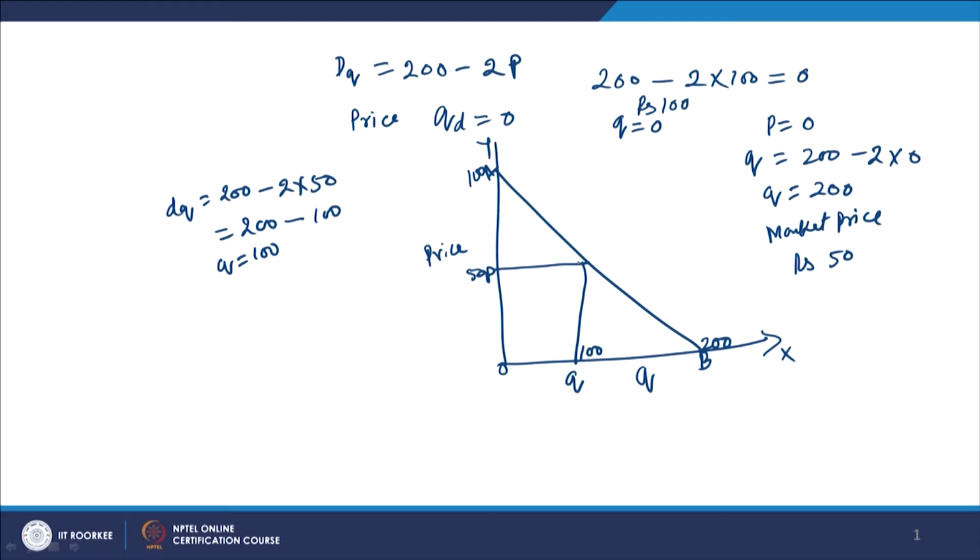Okay. So, now to understand consumer surplus, you can see how much the consumer is willing to pay, because this curve is also known as marginal willingness to pay. So, if you take 1 unit, consumer is paying this P1 price for Q1 quantity.